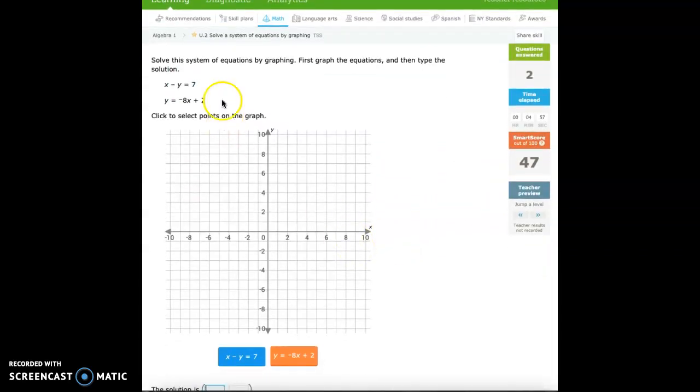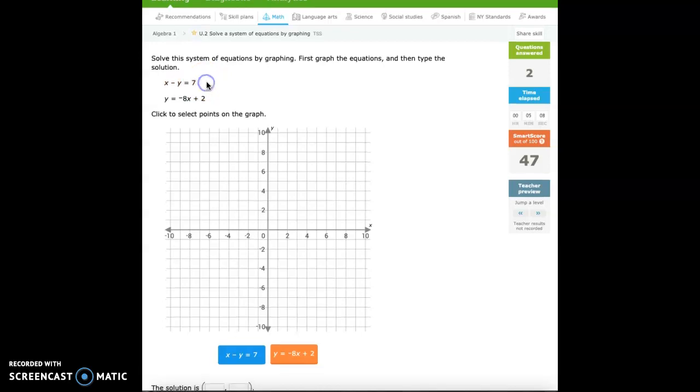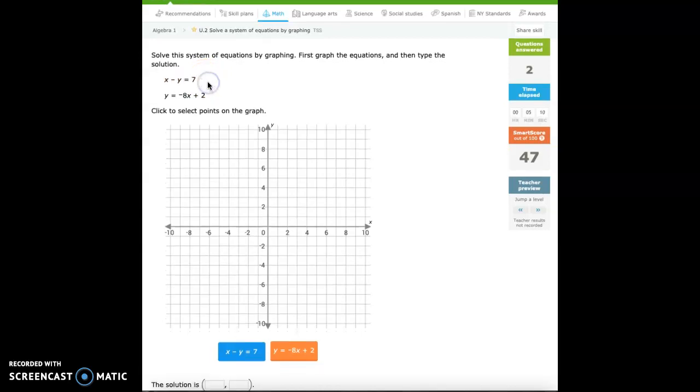So our next question. We have x minus 7 equals y. This means that we do not have y-intercept form. You need to turn it into y-intercept form. The easiest way I think to do this would be to get the y positive. So I can add the y over.